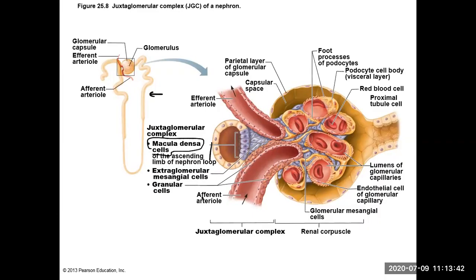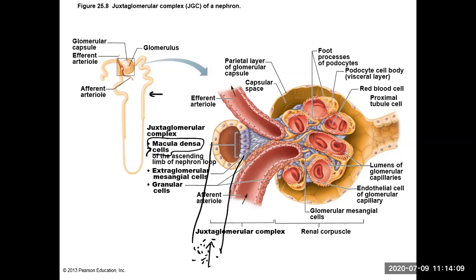So this is the part of the nephron as they're going up. That's the ascending loop of Henle. If inside of it there is a lot of solute, these macula densa cells can detect the amount of sodium chloride or solute. All right? And that is what they do.